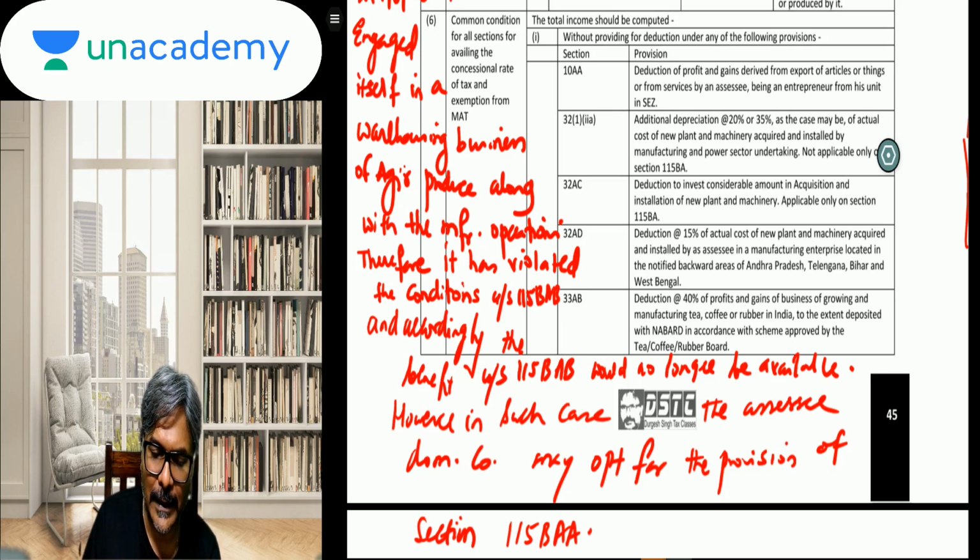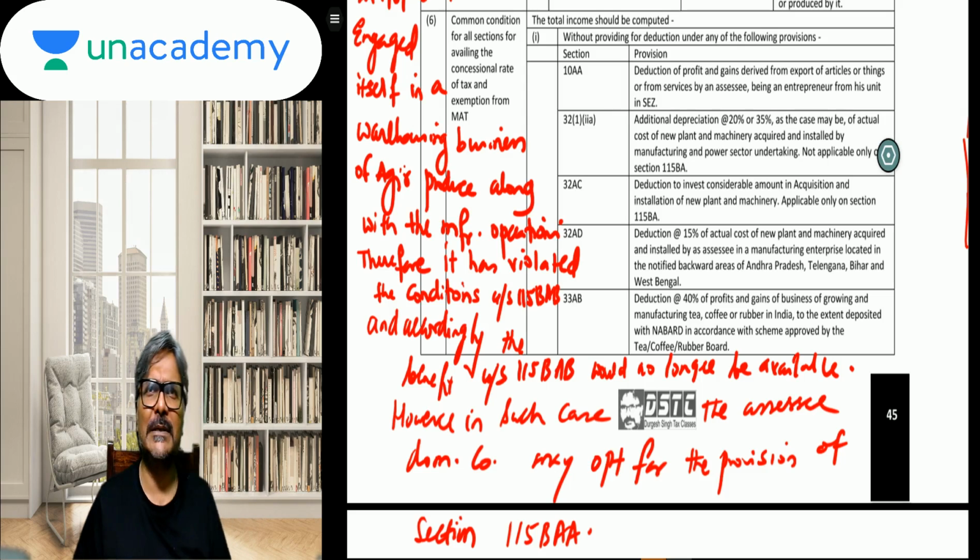32(1)(iia), additional depreciation is out. 32AC and 32AD, now students, forget it. Anyways, now it is no longer there with effect from AY 21-22. 33AB, remember the tea, coffee, rubber development allowance? Just remember that. In fact, we have discussed this particular point also earlier.